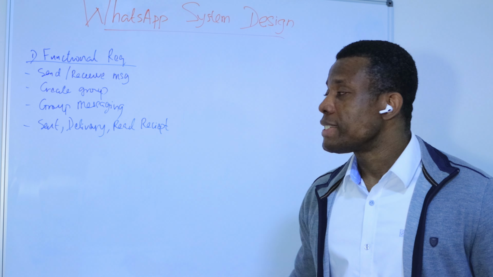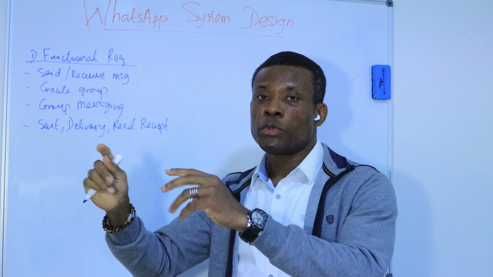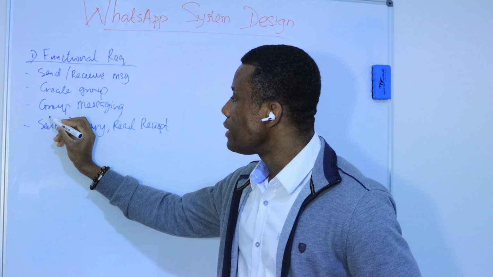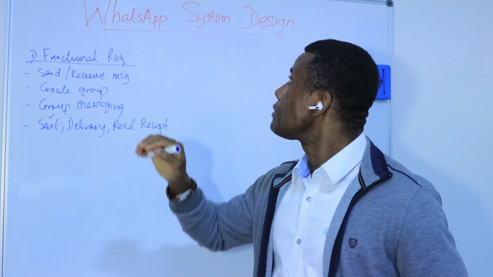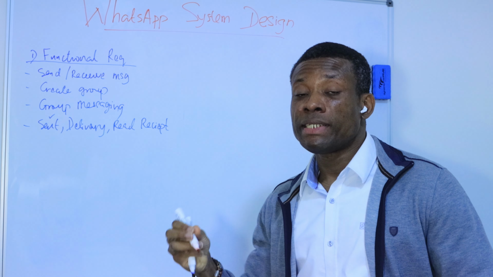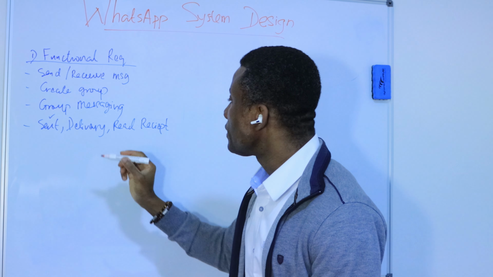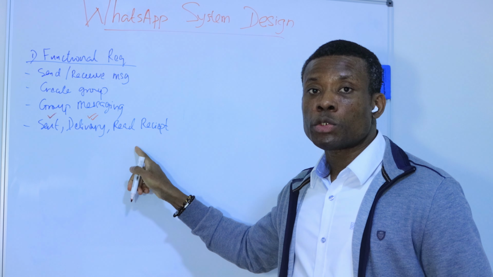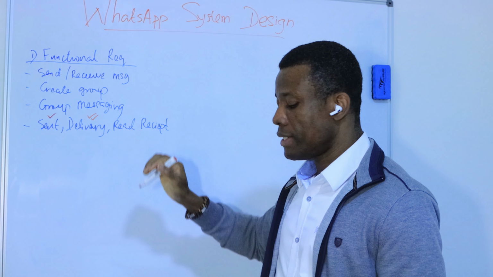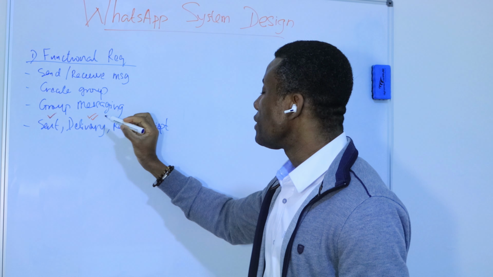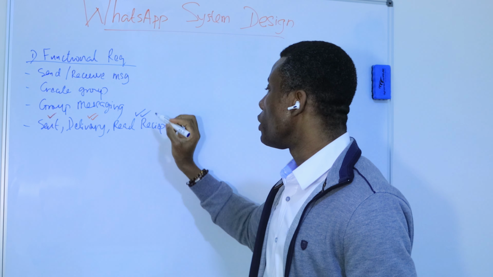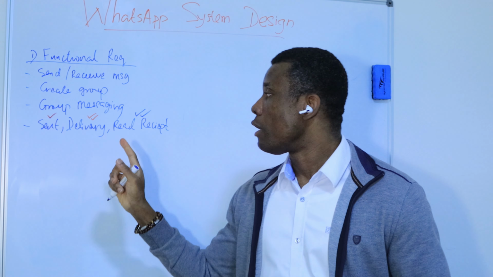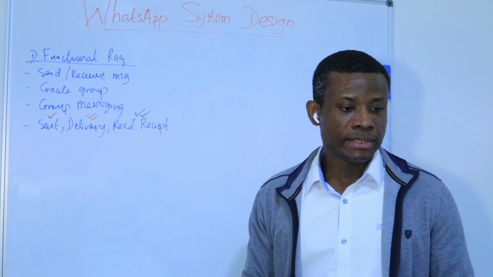These are notifications. When the user sends a message, you want to get a tick mark that says it's been sent. When the message is delivered, you want to get another notification. And when it is read, you have a blue tick. So it's going to change from green or gray to blue. These are also features you need to have in mind.